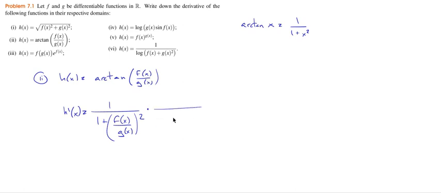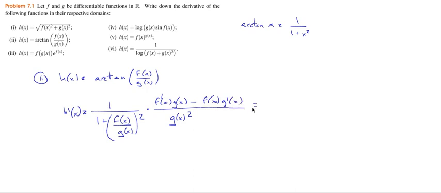The derivative of this is the derivative of the quotient, so this is g squared in the denominator, and then f prime times g minus f times g prime.